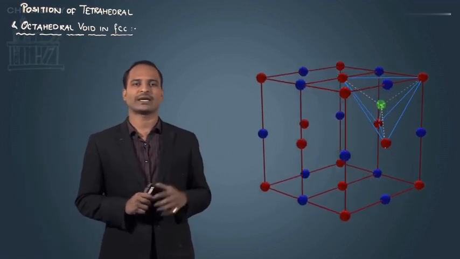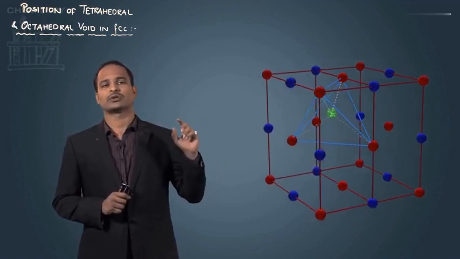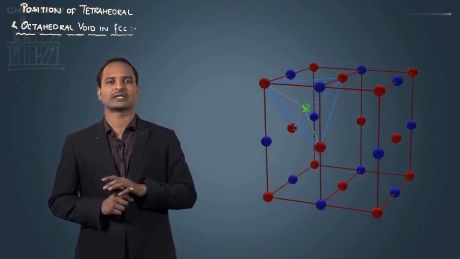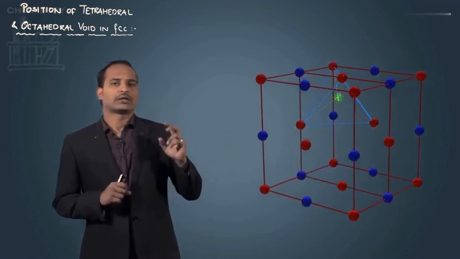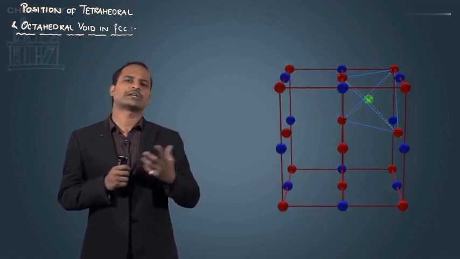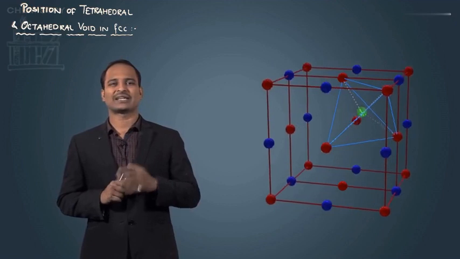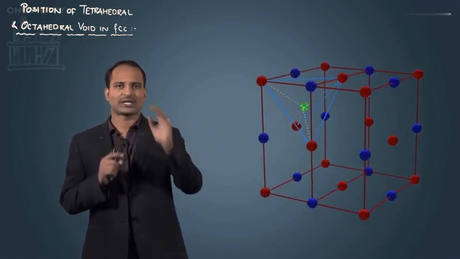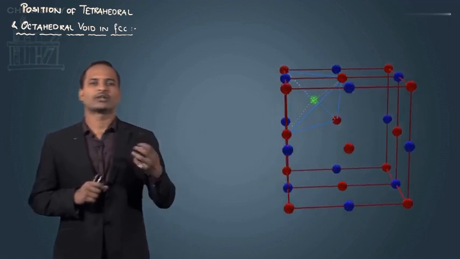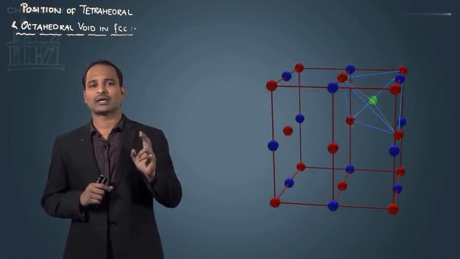So there are a total of 8 cubes, so I can say that in a FCC unit cell, there will be a total of 8 tetrahedral voids. Now, how to simply remember where they are present in a cubic cell? When we start drawing the diagonals of a cube, we come to know that on each diagonal of a cube we get 2 tetrahedral voids.